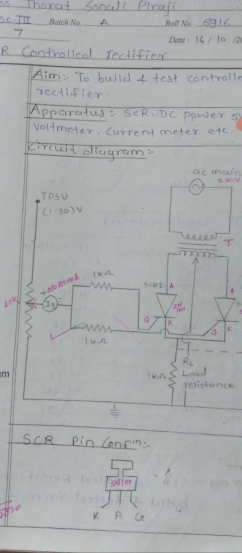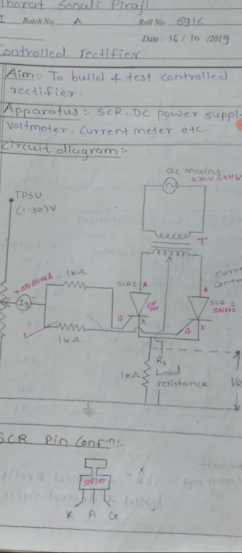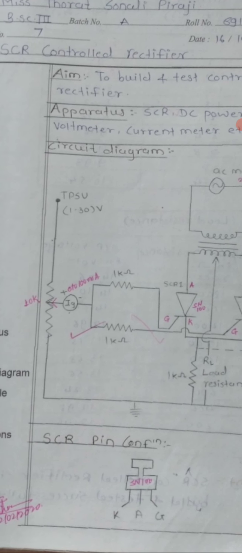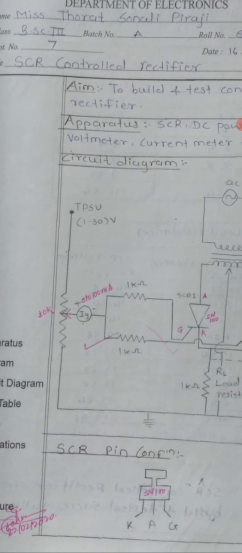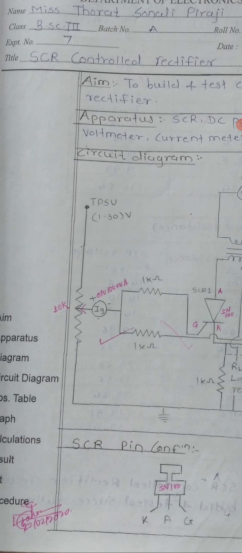Then the two SCRs' gate terminals are each connected to a 1 kilo ohm resistor, and these resistors are connected in parallel. Both resistors are commonly connected to IG.